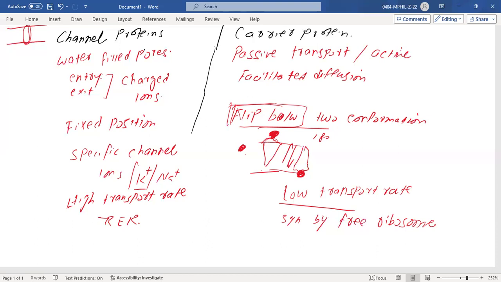In our next class, we will discuss cell signaling, and I will show you how these different types of proteins play their role in the signaling process. There would be some receptor, and that receptor will receive the signal which is coming from outside.